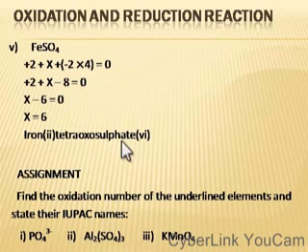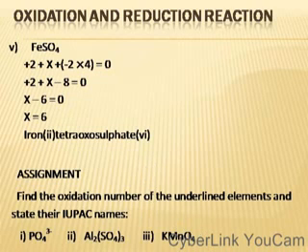Tetraoxosulfate... sorry, sulfur in plus 6 state, not plus 4. Let me repeat myself. Sulfur in plus 6 state there. So the IUPAC name is iron(II) tetraoxosulfate(VI). I repeat, iron(II) tetraoxosulfate(VI), sulfur in plus 6 state.